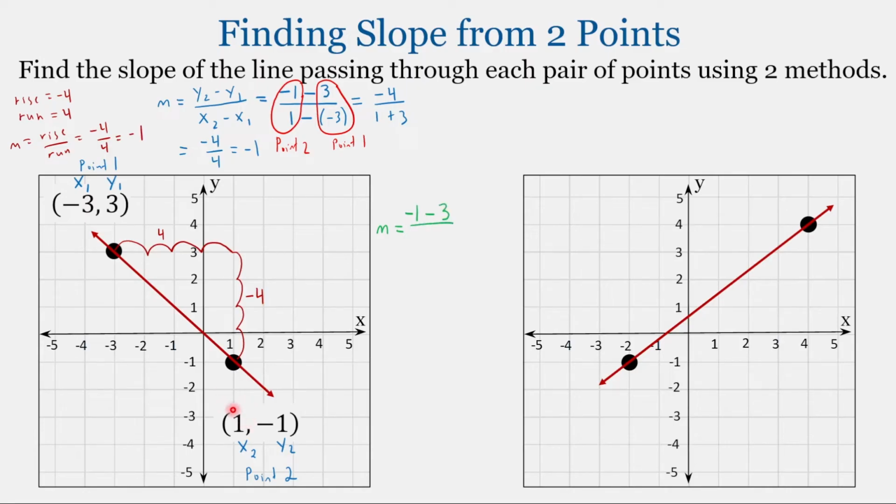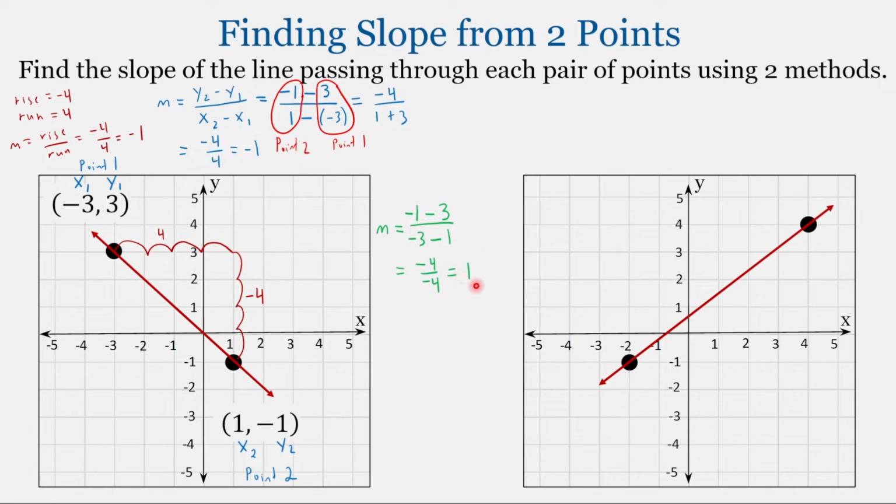Now the next step should be to grab x sub 2, which in this case is 1. But by mistake, you grab the wrong x coordinate. You grab negative 3. So we have negative 3 minus, and then the other x coordinate of 1. When we do this math, we get negative 4 over negative 4, which is 1.